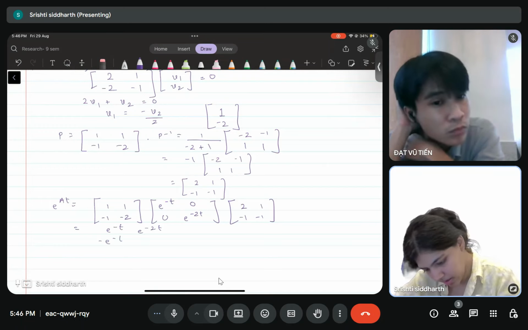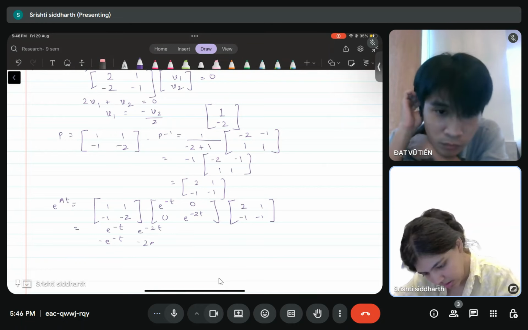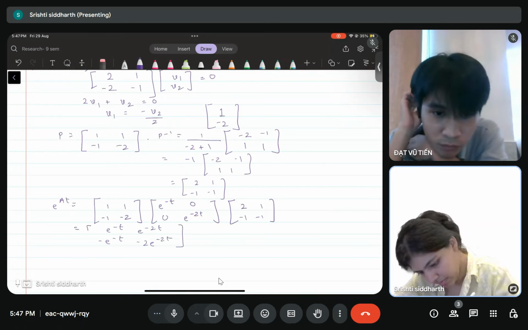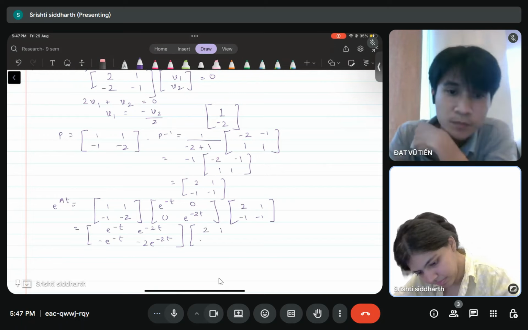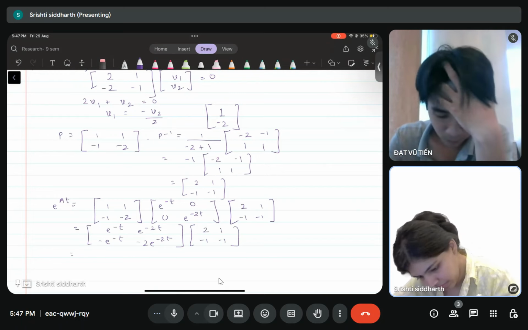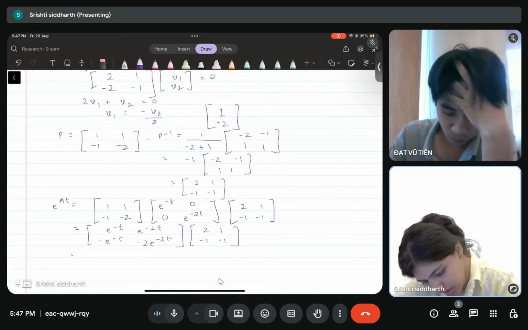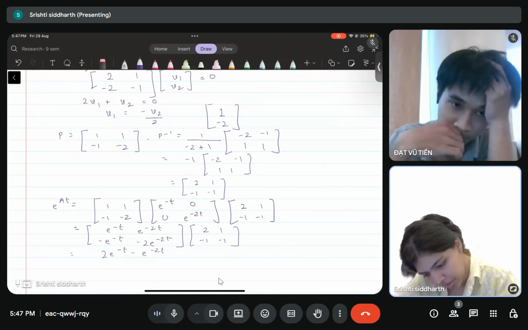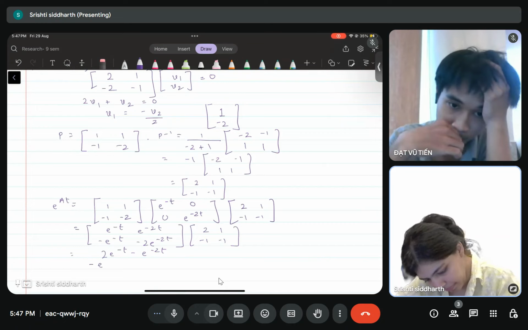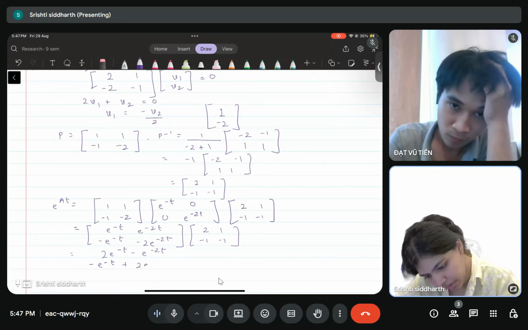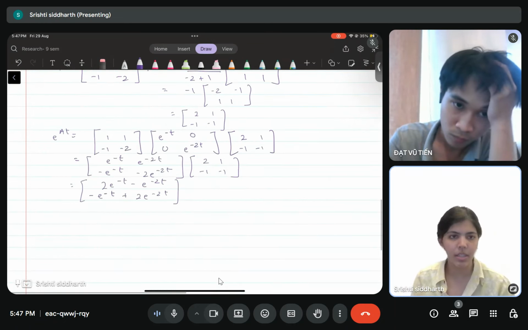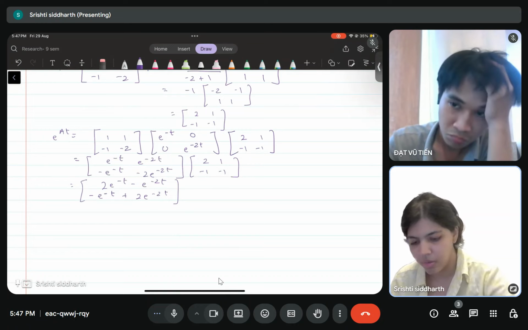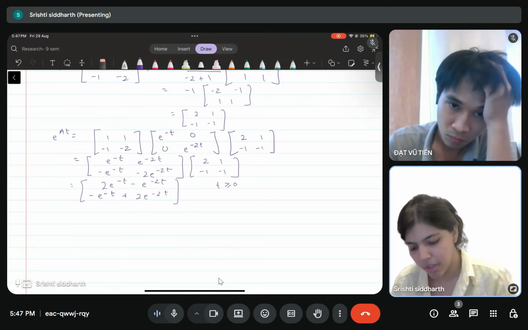Okay, let's see. So this is 2 e to the power minus t minus e to the power minus 2t, and then plus 2 e to the power minus 2t. This is the state transition matrix for time greater than or equal to 0.